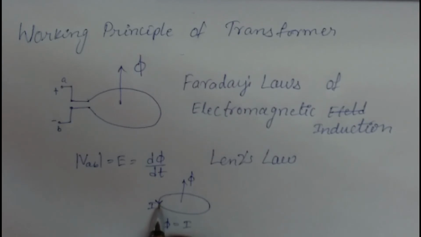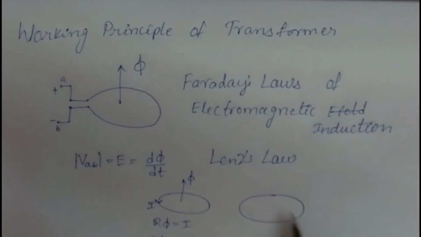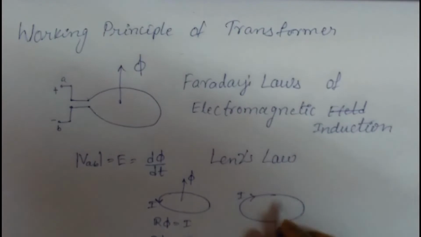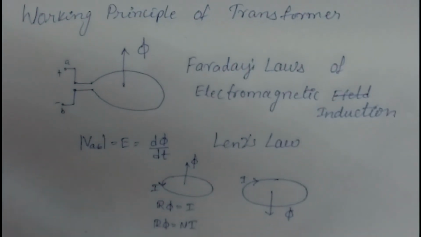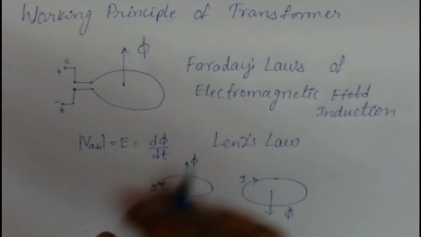For anti-clockwise direction of current, we get upward flux, and for clockwise direction of current, we get a downward flux. Let's remember this one, and from here let's proceed to Lenz's law.